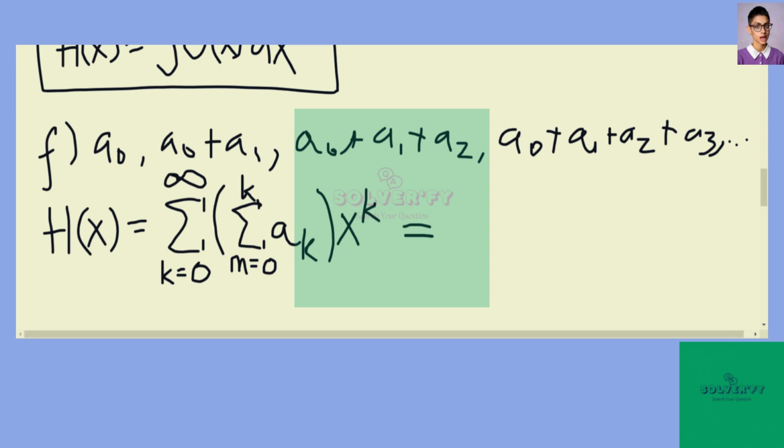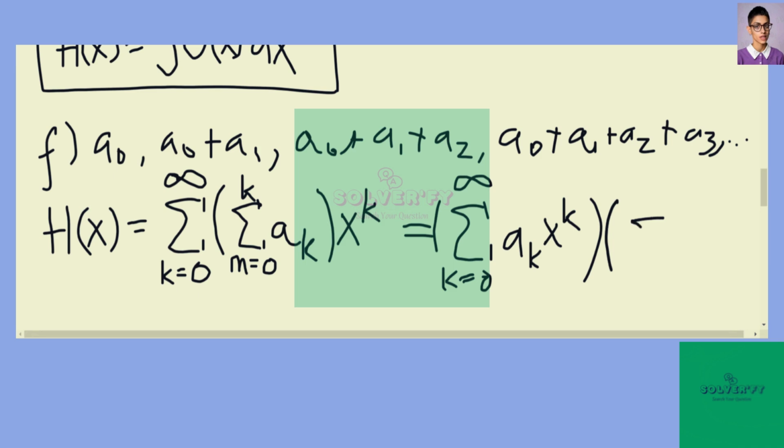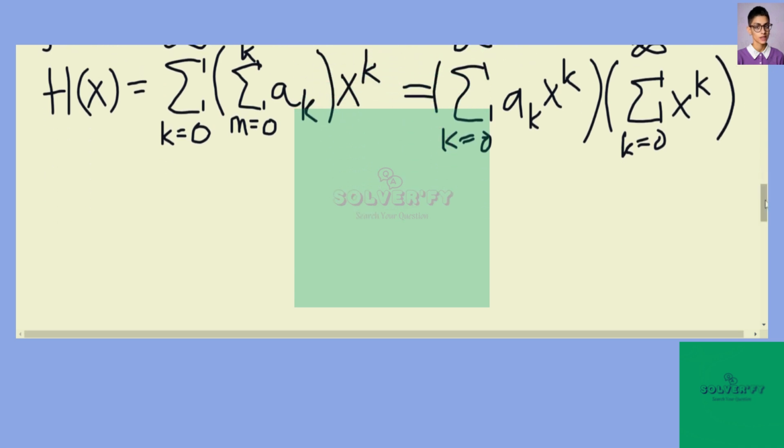And notice by the definition of multiplication of generating functions, this is equal to the sum from k equals 0 to infinity of a_k x to the k times the sum from k equals 0 to infinity of x to the k, since the coefficient here is 1.